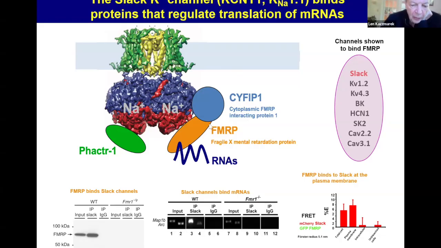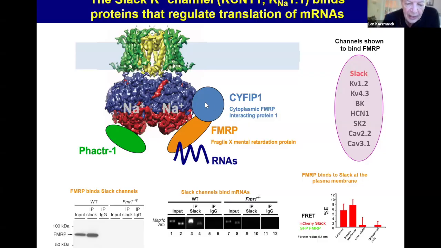More curious, however, was the finding that it binds two proteins whose function had never been thought to be in anything to do with the regulation of ion channels. The first of these is FMRP, the Fragile X mental retardation protein, which is an mRNA binding protein, whose main function is to regulate the translation of a subset of messenger RNAs in the brain.